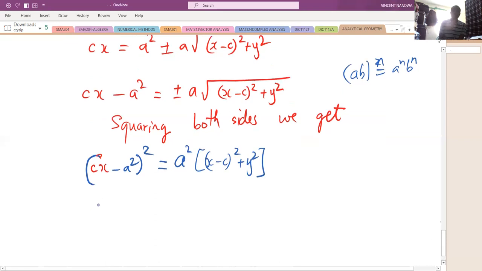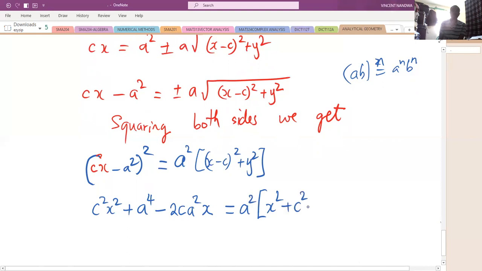And so I have c squared x squared plus a, now this squared is a to the power 4, and then minus 2c a squared x equals a squared into the square of this one, which will be x squared plus c squared minus 2cx plus y squared.